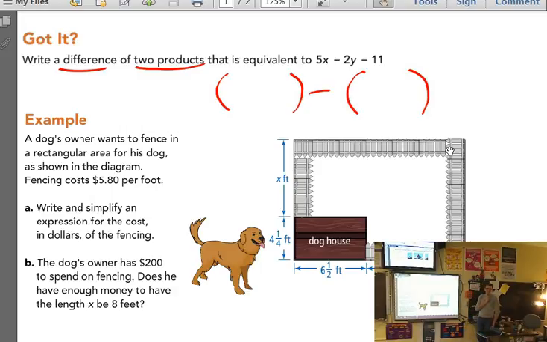Justin, now, since Xavier stole the last one. Xavier? Is it 5x and 2y? Ooh, so we can do 5x, and then minus, but if I put 2y here, where's the 11? So we can go ahead and put the 11 in here, but do we make it plus 11 or minus 11?